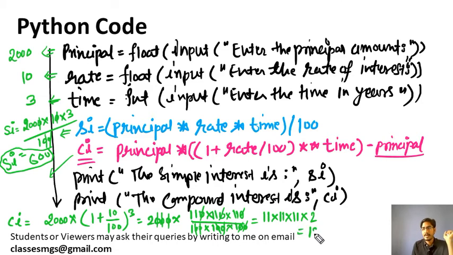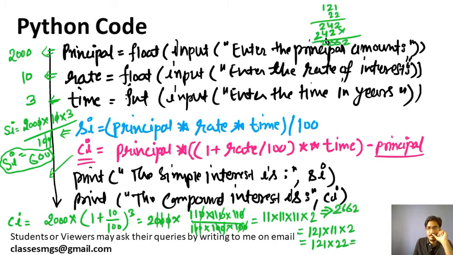If you multiply 121 into 11 into 2, you will get the interest including the principal amount. Okay, so here we will get the value 2662, and we are deducting the principal amount so that you can get the exact interest. 2662 minus 2000, so here we will get 662.